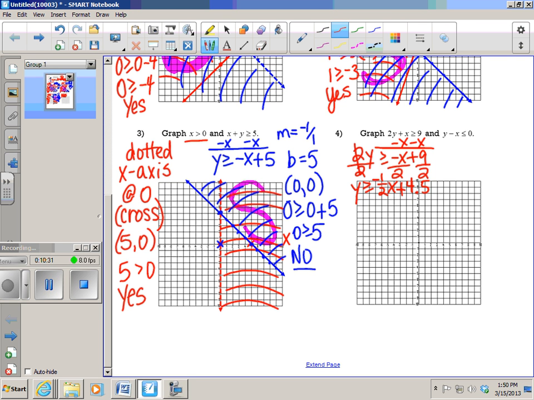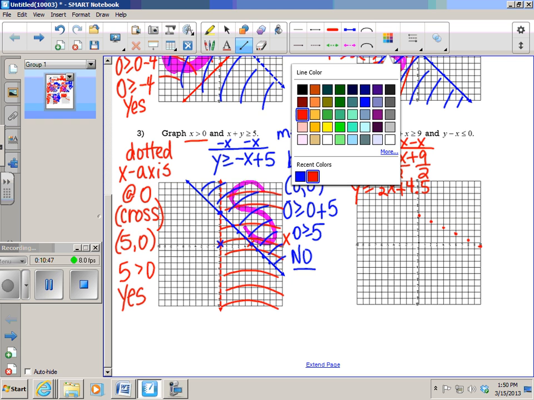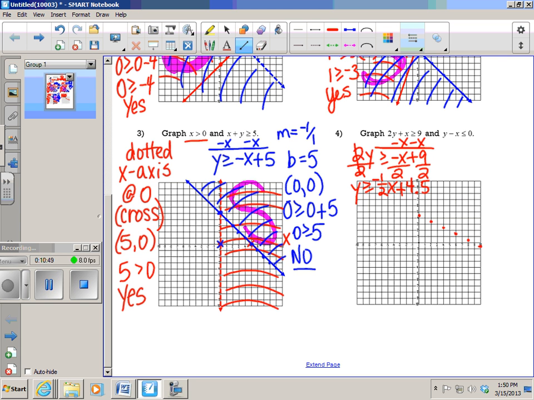So let's plot this. At 4.5, in between 4 and 5, and I'm going down 1 over 2. So all of my points end up being between the coordinate lines. And this is a solid line in red. That looks like that. Now switch to blue.